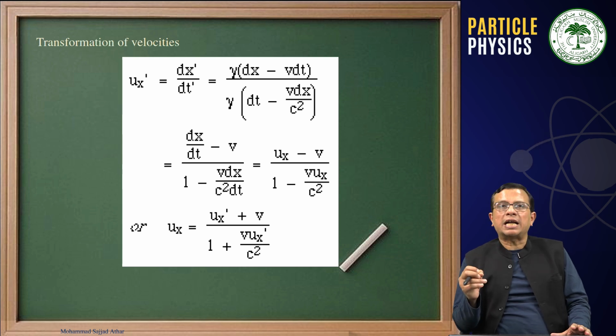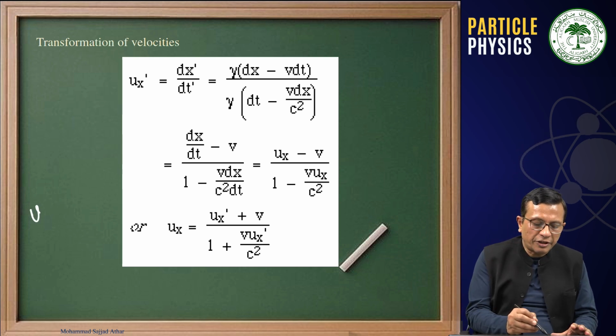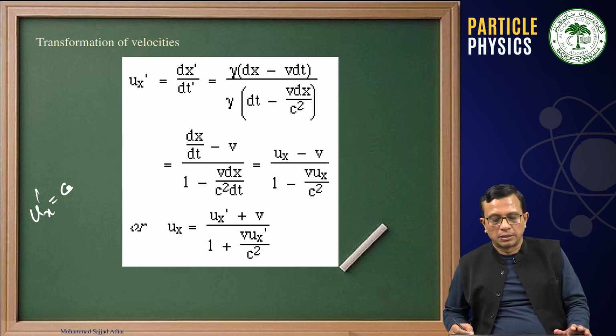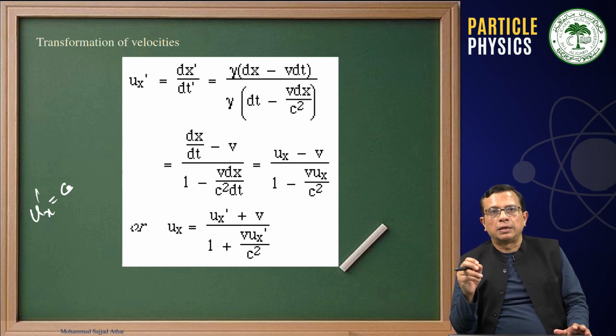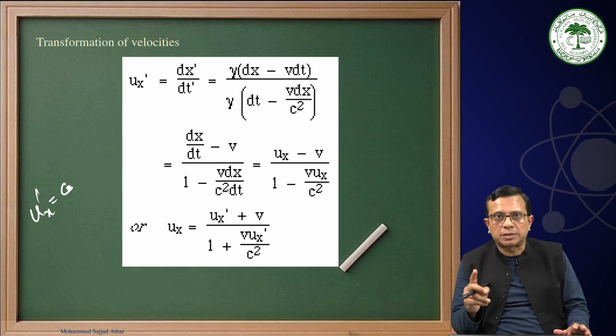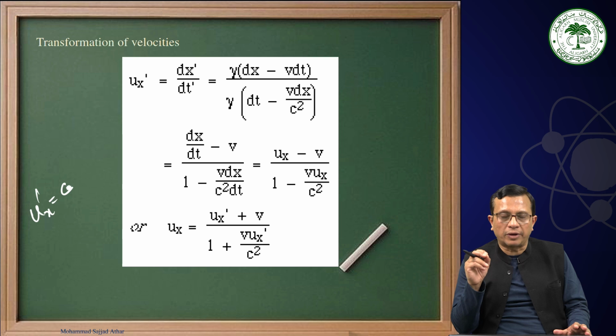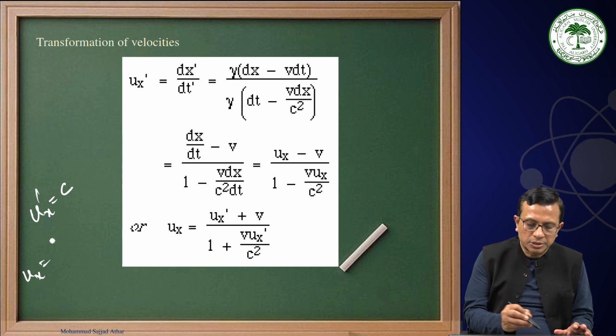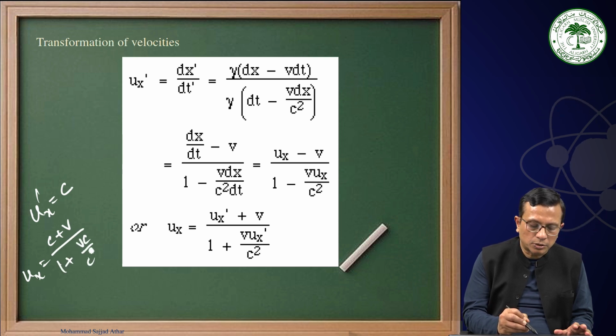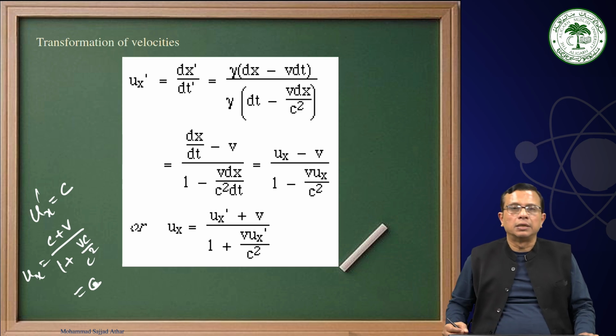The important catch from here is, for example, if ux prime is c, that means in frame S prime the velocity of the particle which has been measured is the speed of light, then in S it will be c plus v upon 1 plus vc by c square, and that is nothing but c.